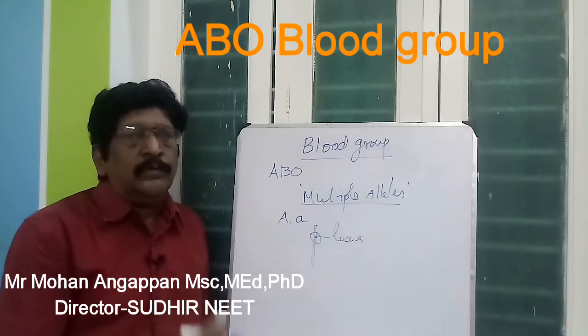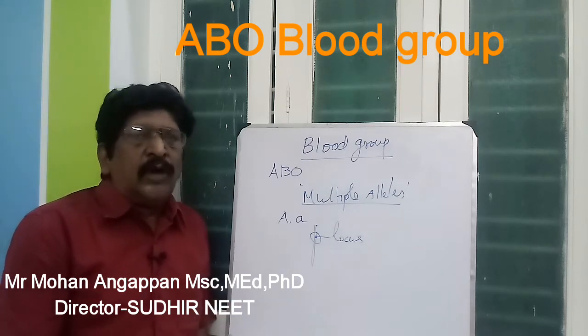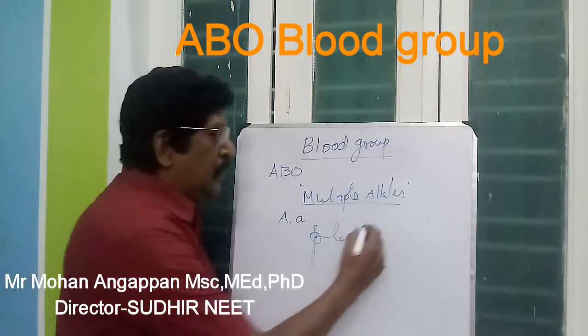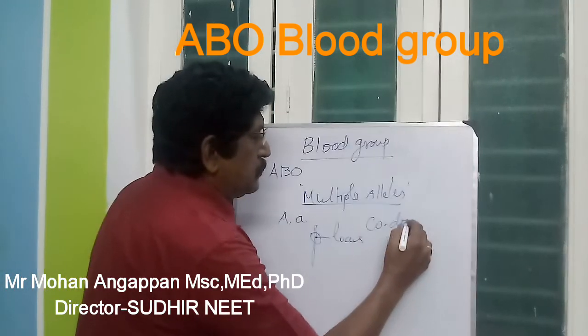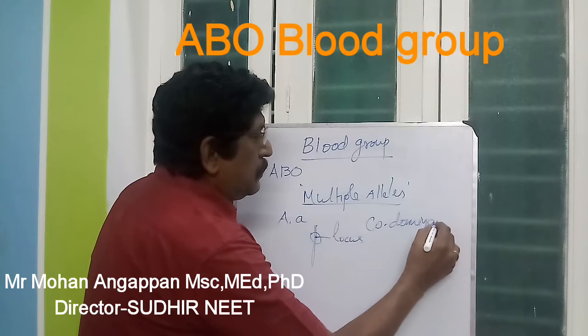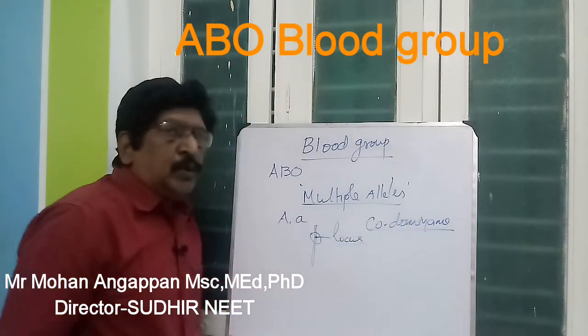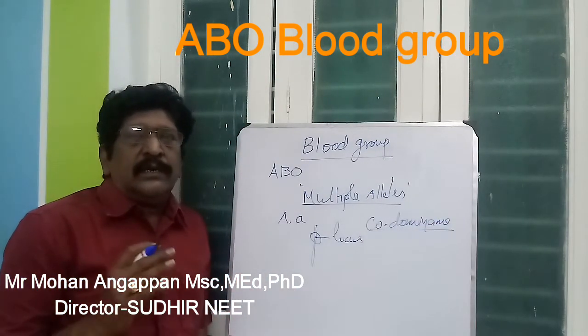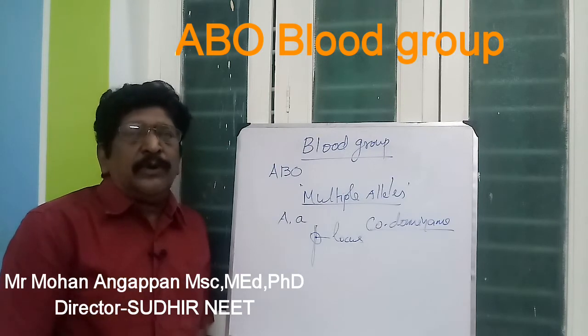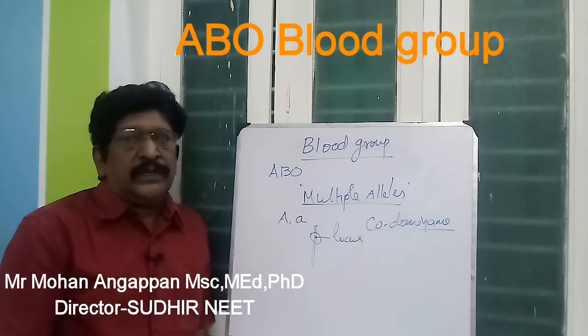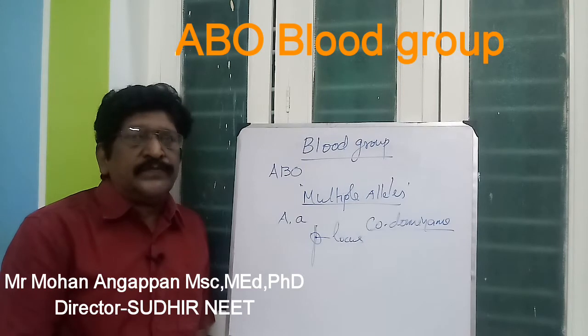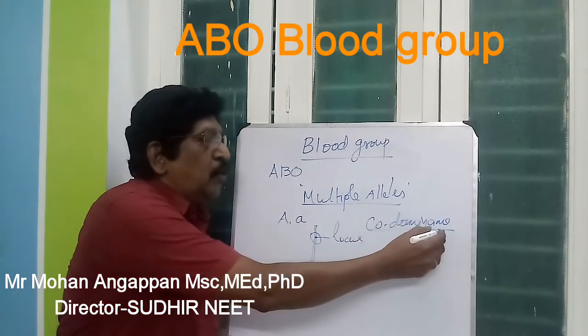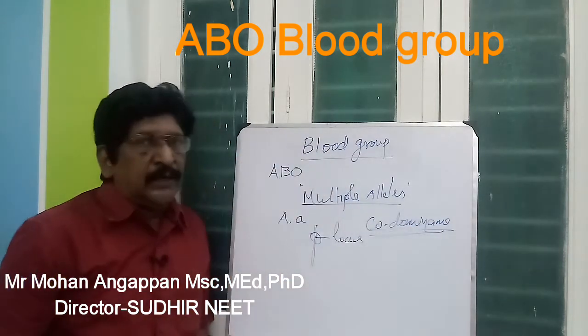We will see how. It's also an example for codominance. Two dominant genes acting together to produce a phenotype, that is called codominance. Let us see how this codominance works out for the blood group.